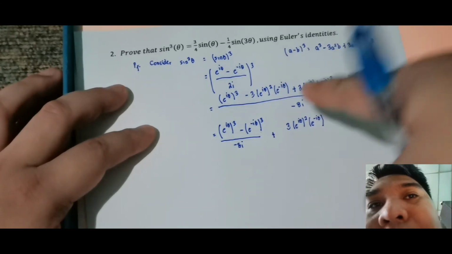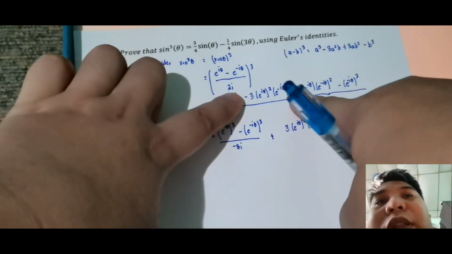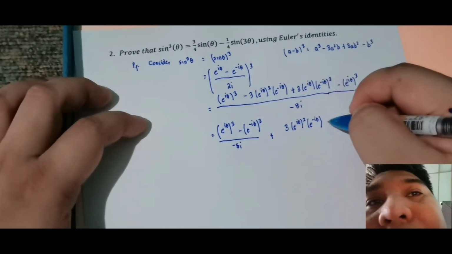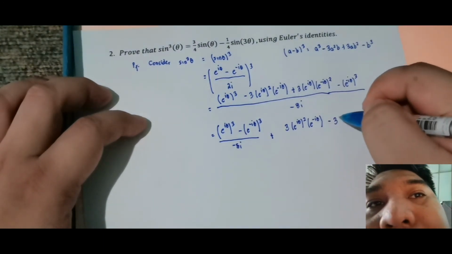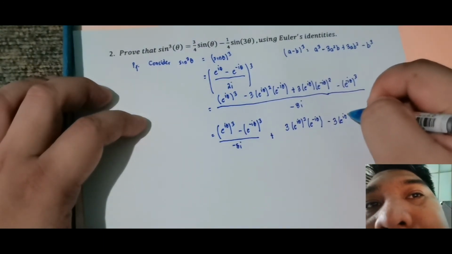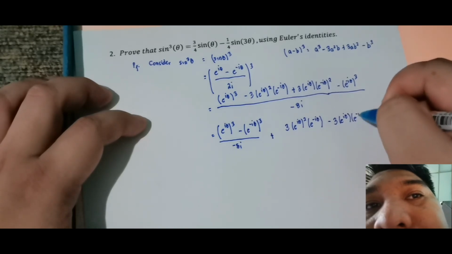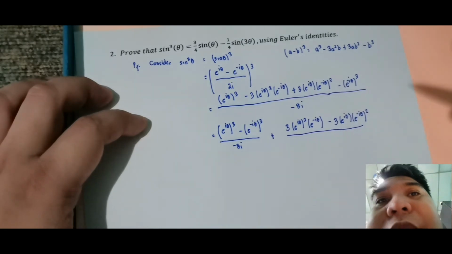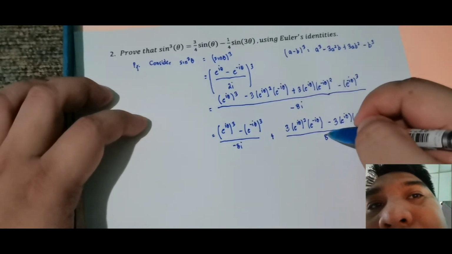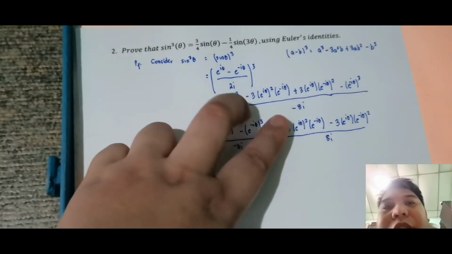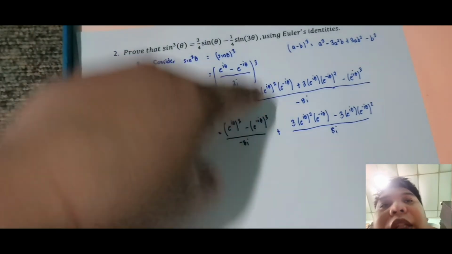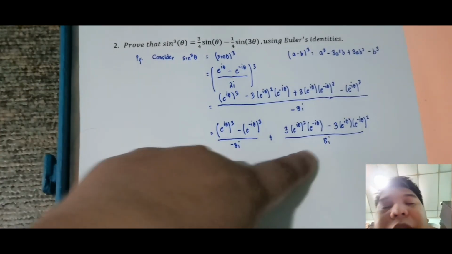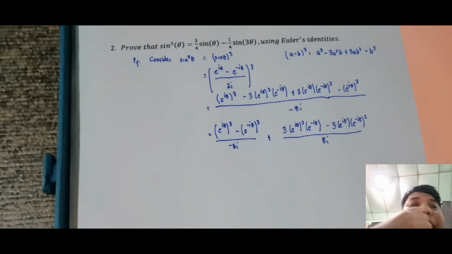Okay, then I took out the negative there, so this becomes negative, so that is minus 3 e raised to i theta, then e raised to negative i theta raised to 2, all over, no longer negative 8i, that is positive 8i. Because I removed the negative. The negative in the numerator I took out, and here the positive becomes negative 1.